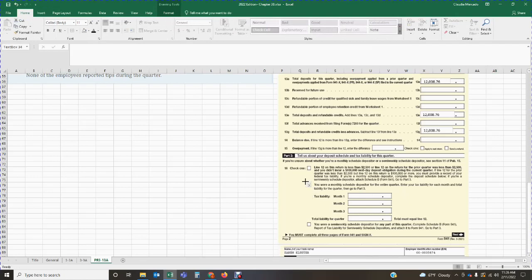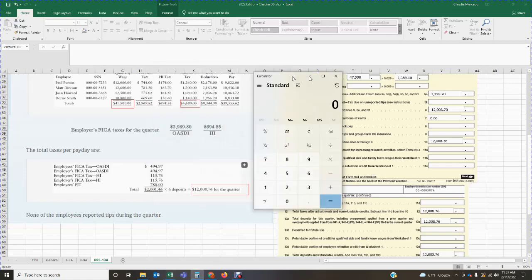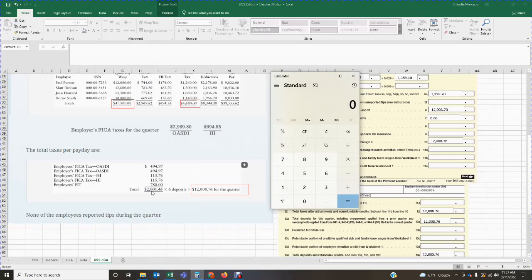Now we have to figure out our tax liability for each of the months. Here the problem says that for every pay period, we had tax liabilities of $2,001.46. That is given to you in the problem: the total taxes for OASDI, HI, and federal income tax is $2,001.46. And we know there are 2 pay periods per month. So that gives me a monthly deposit of $4,002.92.